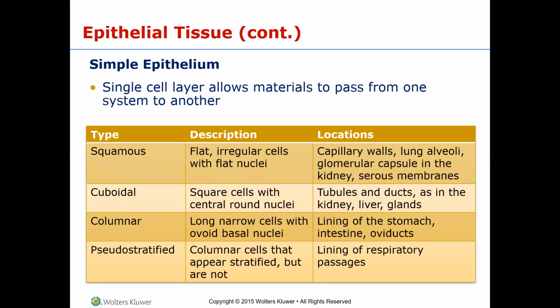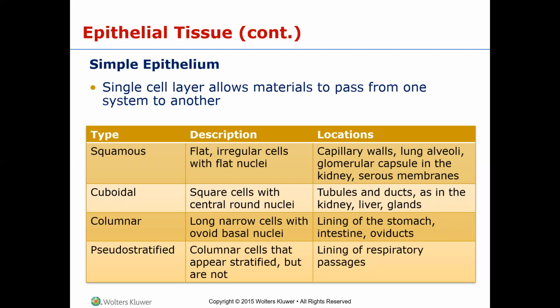So if we look at the simple epithelium, simple meaning that it's a single layer, it allows for materials such as oxygen or blood cells to pass from one system into another, so from your blood vessels into other tissues.